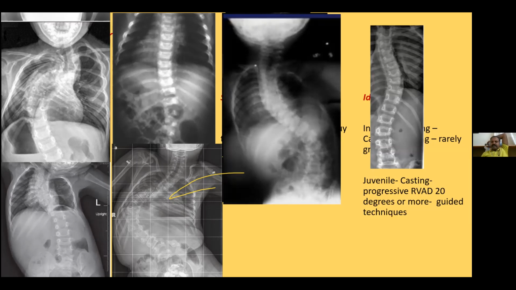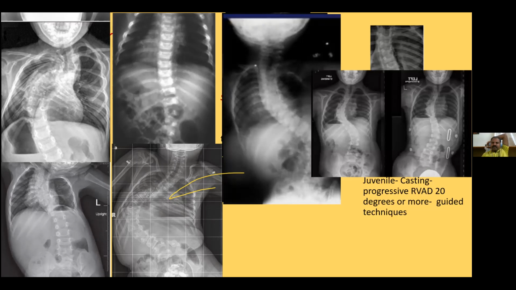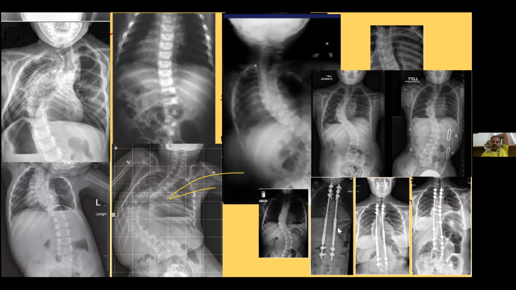If it's something like this, then you would definitely consider surgery. With the brace, you see it's getting corrected, and you can buy some time. Otherwise, you do a distraction-based technique, growing rods or magnetic rods, and at maturity you can take out the rods and then fuse it.